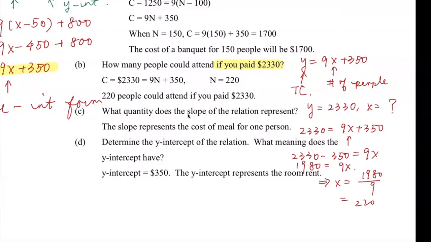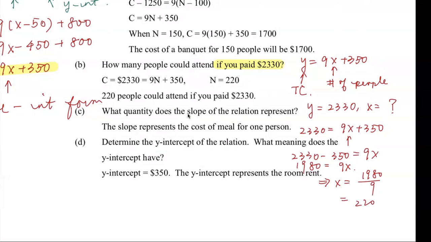Yeah, 220. So what does 220 mean in this context? This 220 means if we paid $2,330 upfront, then we can invite 220 people into the banquet.